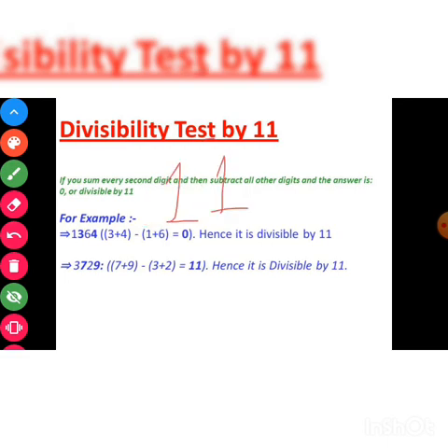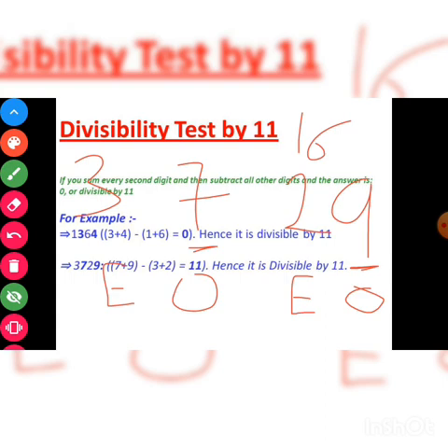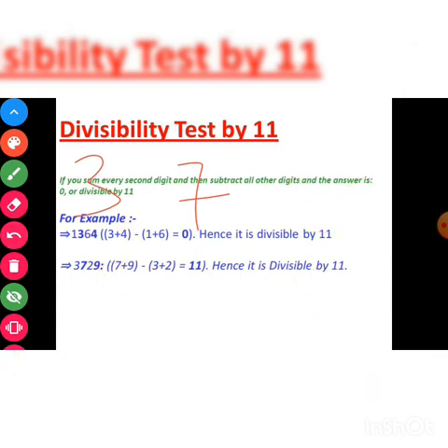One more example. The number we are having is 3729. Let's order them. Odd, even, odd, even. Now add the odd places, 7 and 9, and it will give you 16. Now let us add the even places also. 3 plus 2 is giving you 5.